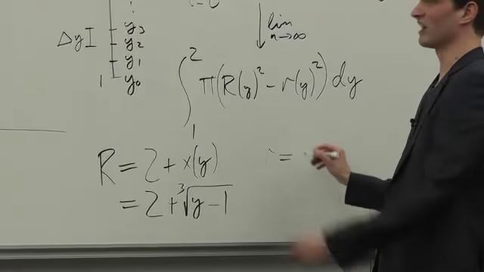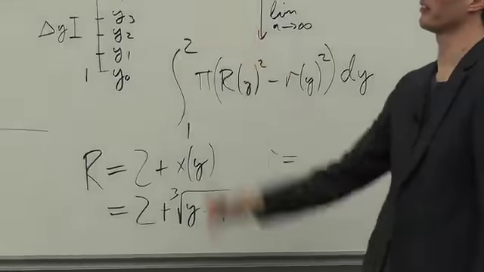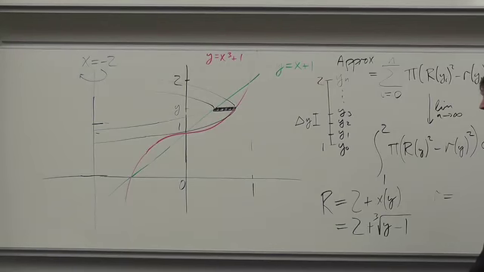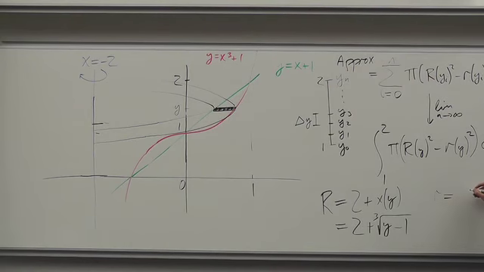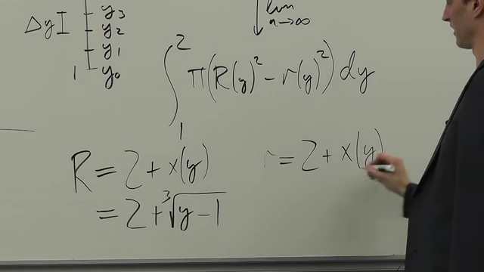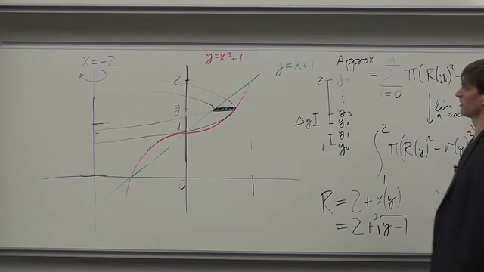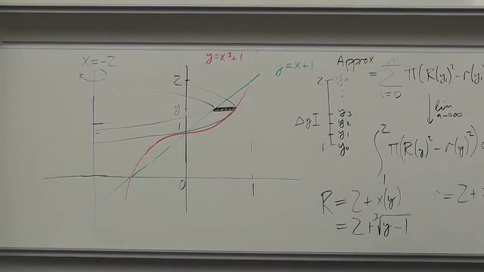And the little radius is no harder, in fact it's a little easier. Little radius is again the distance from the blue axis, x equals -2, to the y-axis, and then along to this green curve. So it's 2 plus x on the green curve as a function of y, but the green curve is just y equals x plus 1. So x as a function of y on the green curve is x equals y minus 1.